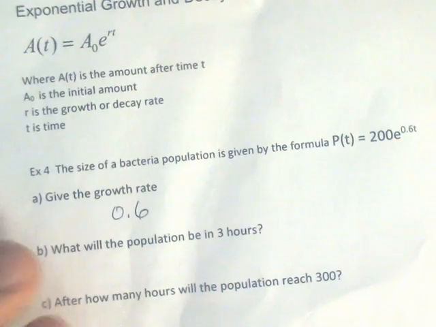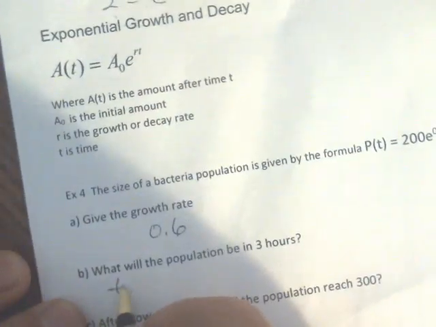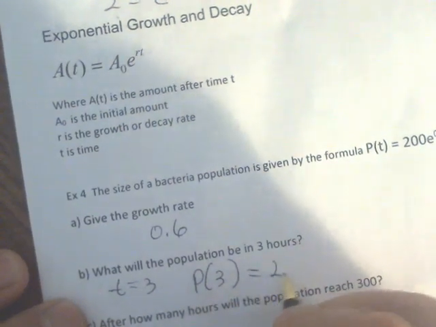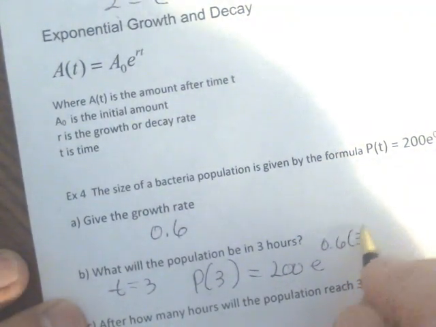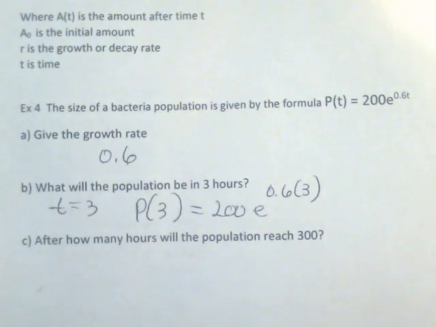Okay. If I want to figure out what will the population be in 3 hours, well, t is 3. So then P of 3 is 200 e to the 0.6 times 3. So again, a lot of this is putting things into your calculator correctly. So what I get for P of 3 is about 1,210 roughly.